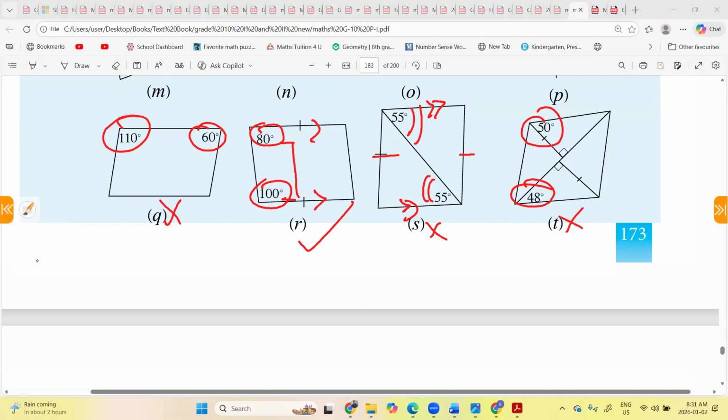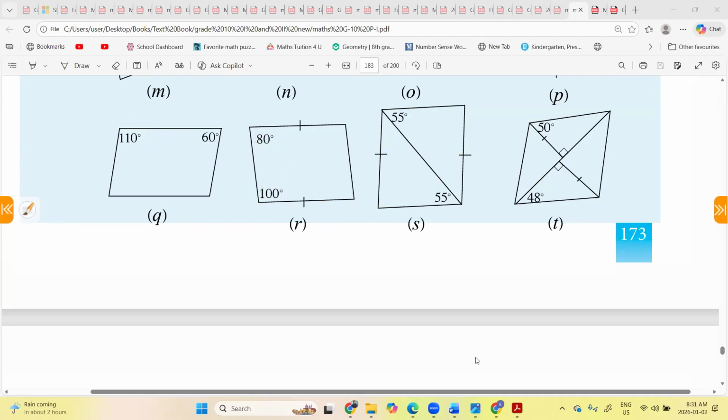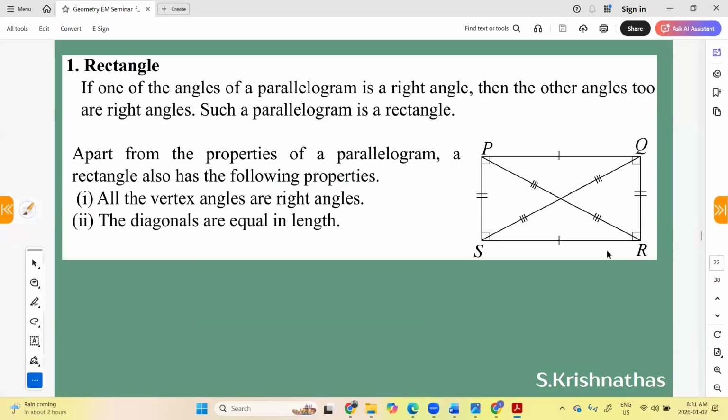Now, special properties of a parallelogram. What do you mean by a rectangle? What is the least condition for a parallelogram to be a rectangle? Anybody?